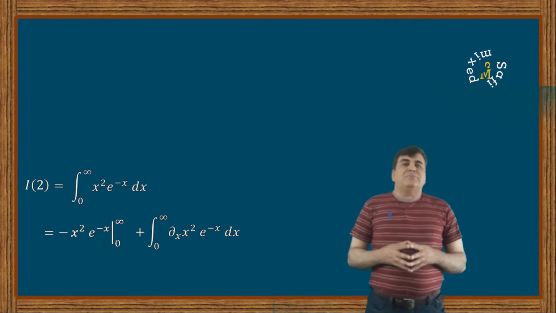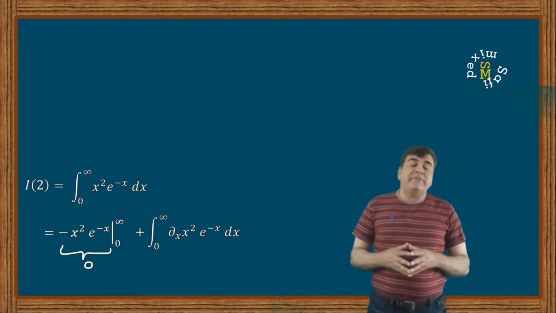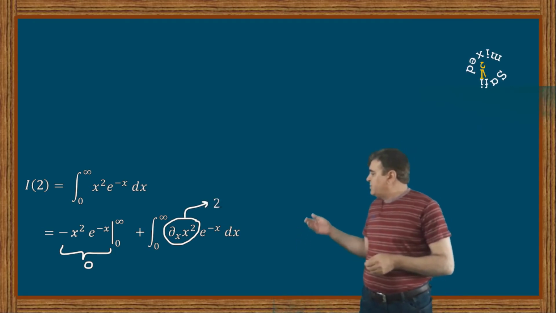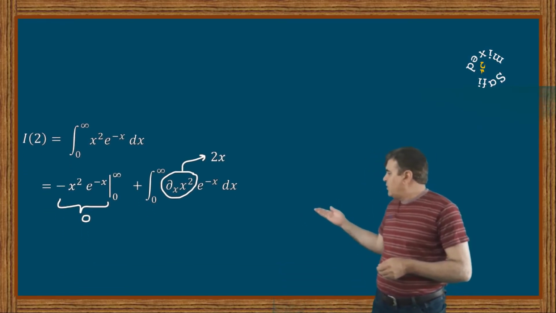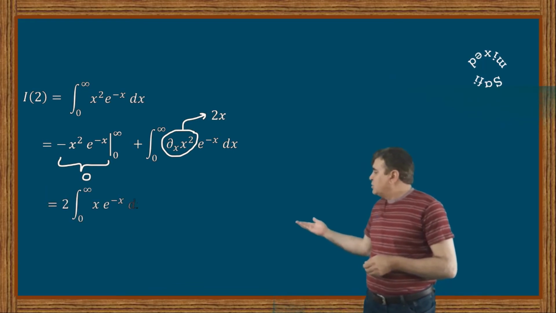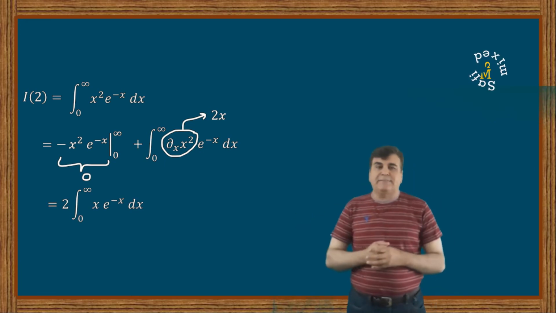Okay, the first term is again 0 for both limits, and the derivative of x squared is obviously equal to 2x. So substituting these values, the above equation reduces to the form I of 2 equals 2 times the integral of x times exponent minus x dx.